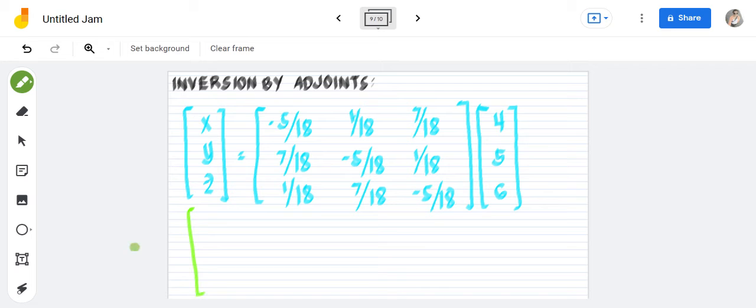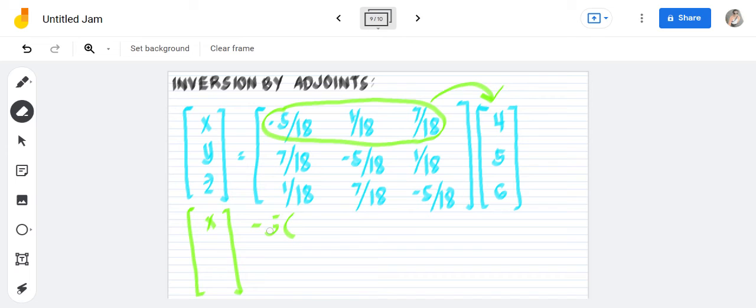So for X, we multiply here. That will be negative 5 times 4, that's negative 20 over 18, plus 1 times 6 over 18, plus 7 times 6, that's 42 over 18.